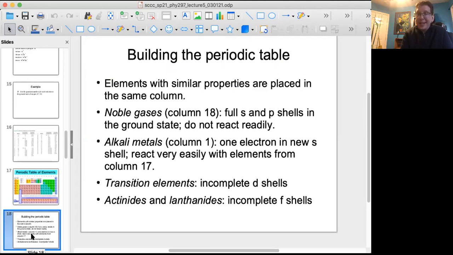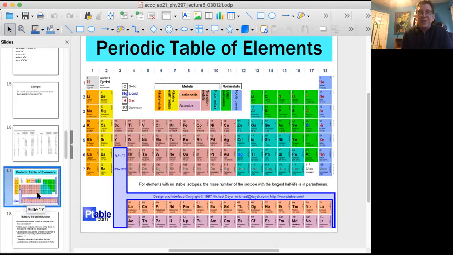And so then you have some more complicated metals, which are the transition elements. They have incomplete d shells, and the actinides and lanthanides have incomplete f shells. So these are the incomplete d shells. Those are called the transition elements. And then the lanthanoids and the actinoids are the incomplete f shells.